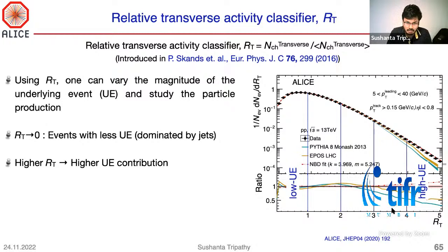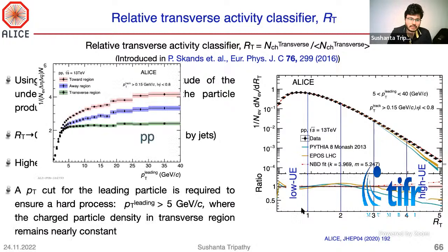So for the RT distribution, we have to apply a PT cut on the leading particle because we have to ensure that in the transverse region, we are not biasing this, because the RT is calculated in the transverse region. It's basically the charge particle multiplicity in the transverse region divided by the average charge particle multiplicity in the transverse region.